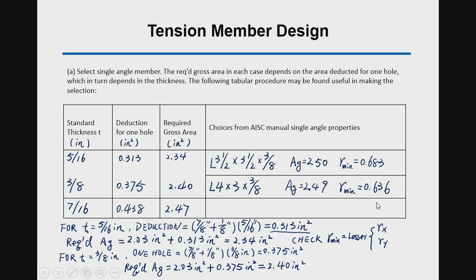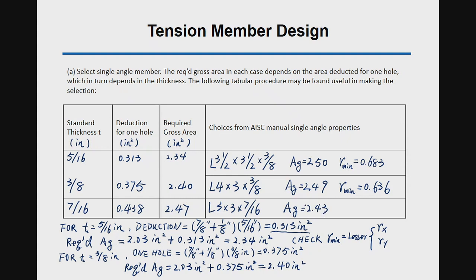Okay, and L3 by 3 by 7/16, so Ag equals 2.383.